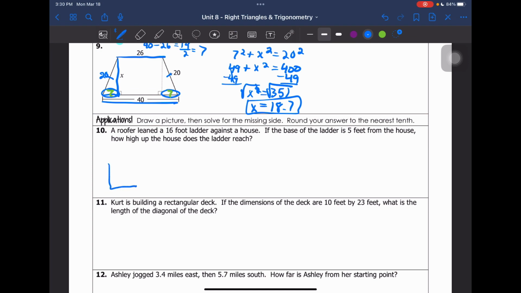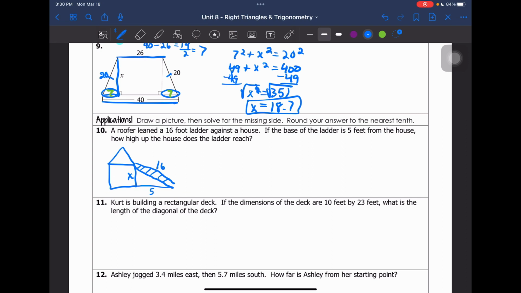So I guess I'll try to draw a house, and then I can draw a ladder next to it as best as I can. And it also says if the base of the ladder is 5 feet from the house, so from here to here, that's 5 feet. How high up the house does the ladder reach? So basically it's asking, what is this length? And we know that the ladder itself is 16 feet long.